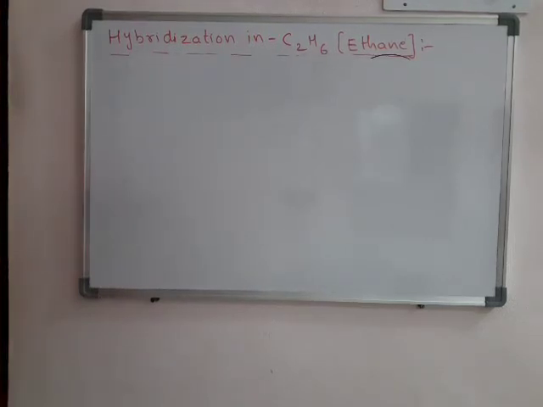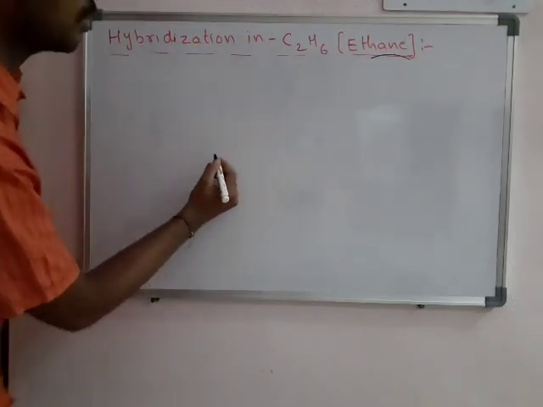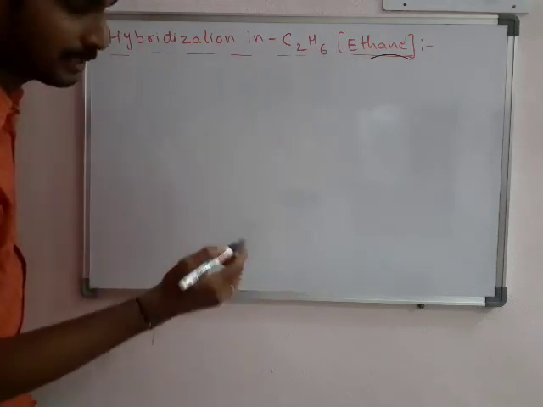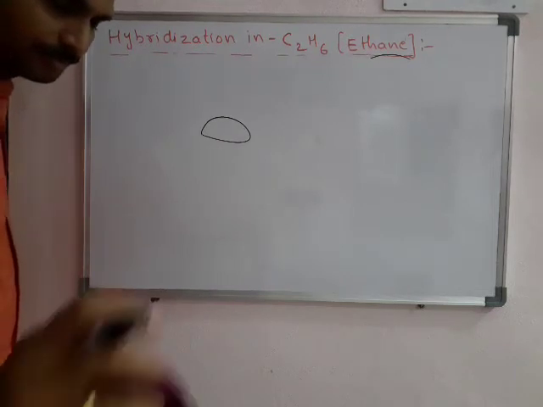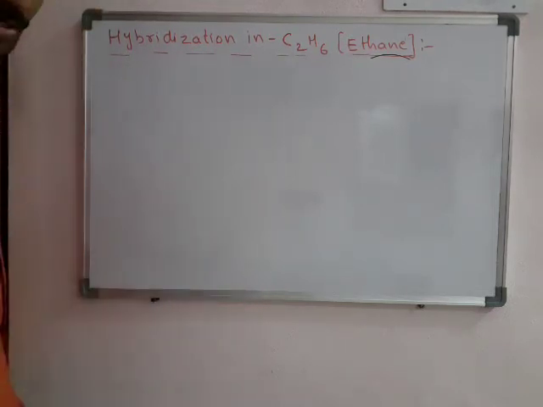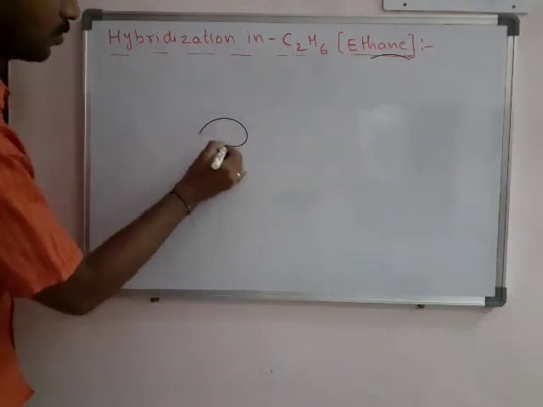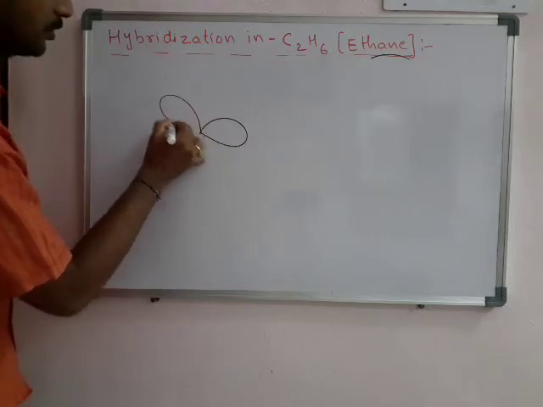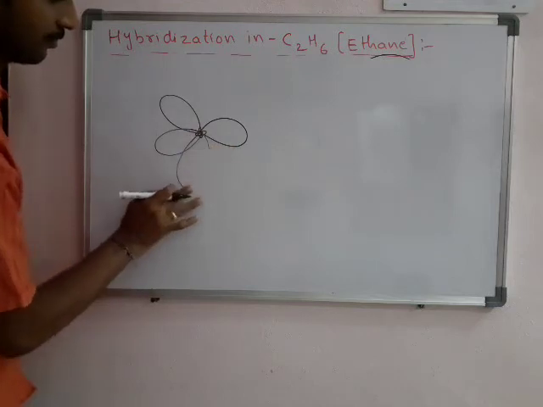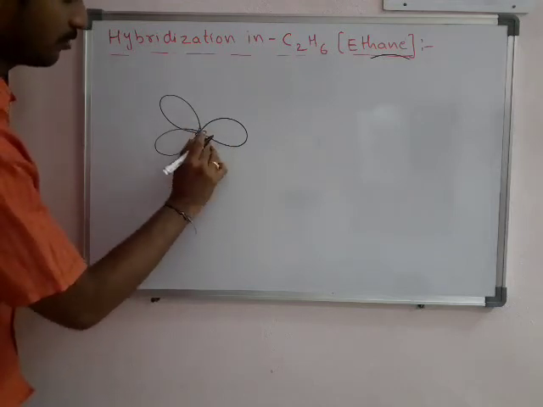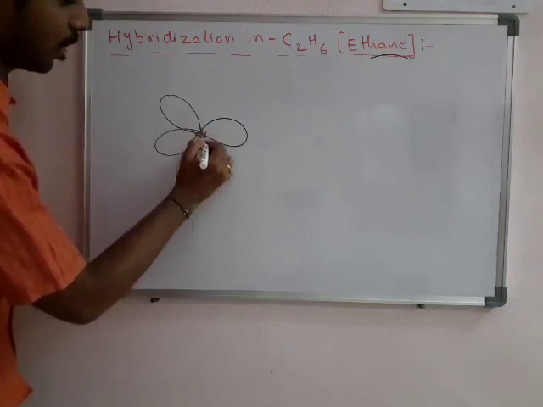Now see, the two carbons undergo sp3 hybridization. So sp3, this is 1, 2, 3, 4.